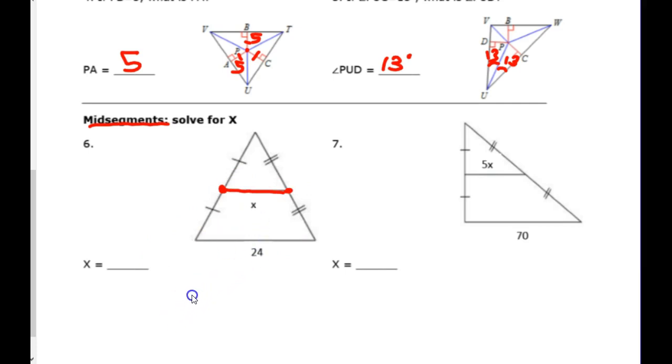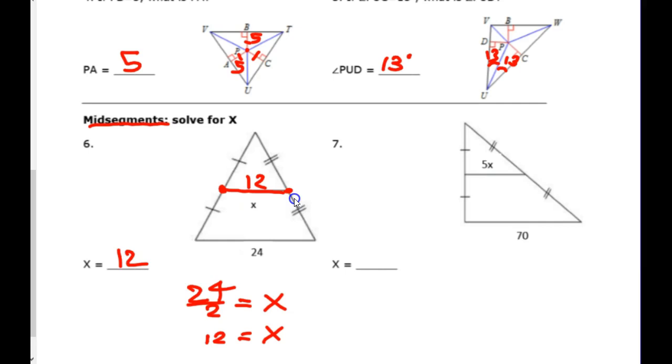So 24 over 2 equals x, and that's 12. Do you see how that makes sense? The mid-segment is half of the parallel side, and we know it's the mid-segment because that's a midpoint, because of these tick marks.